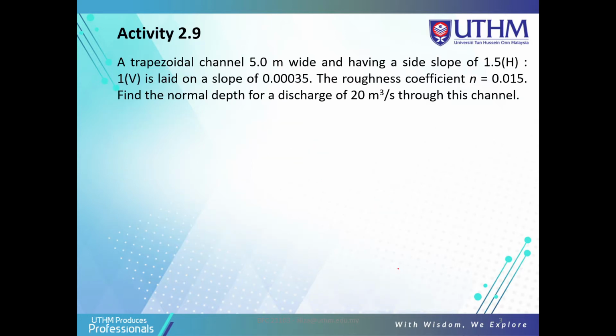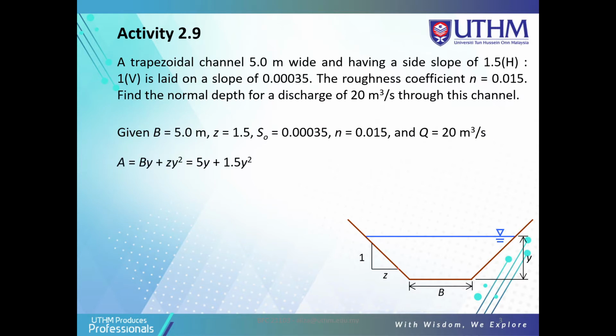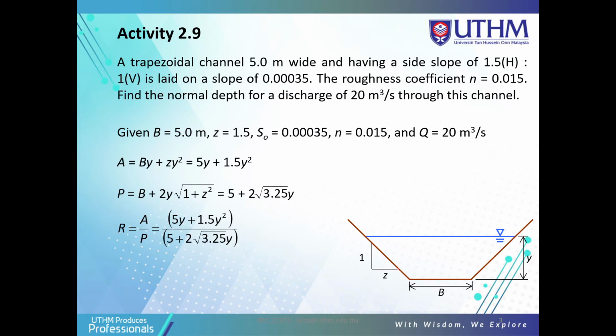Okay, so look at activity 2.9. They give you a trapezoidal channel, 5 meter wide, having a side slope of 1.5 horizontal over 1 vertical, laid on a slope of 0.00035.